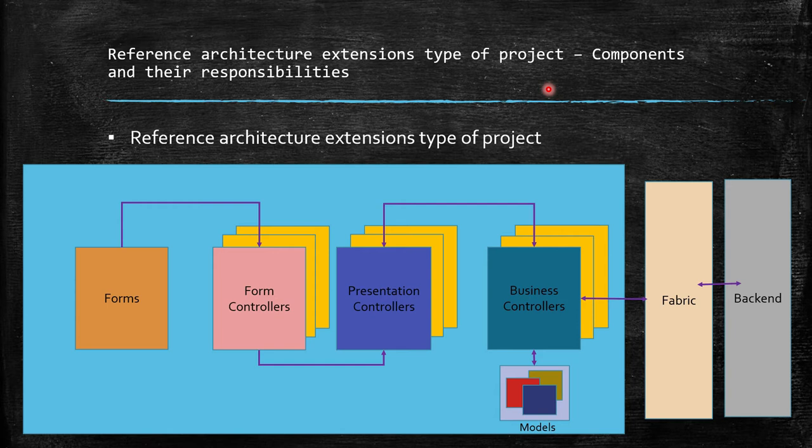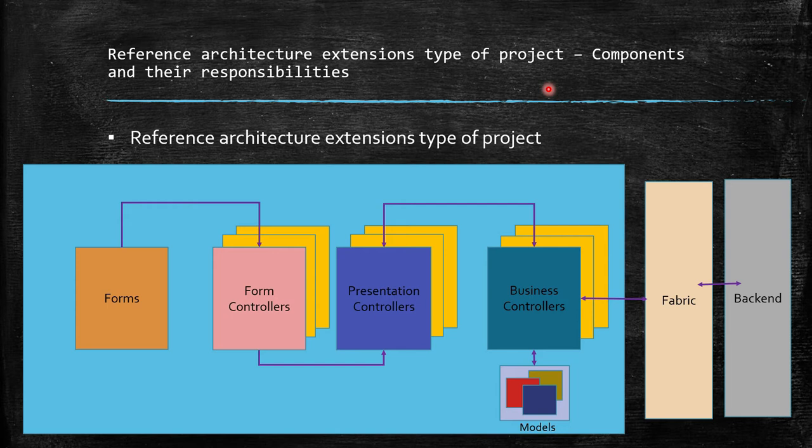Basically, we understood that if we have a vision of creating an app as a product which can be used for customizing the functionality in the app for various customers, we can use the various components available inside the reference architecture extensions type of project.